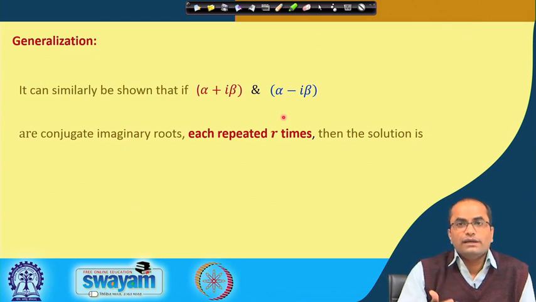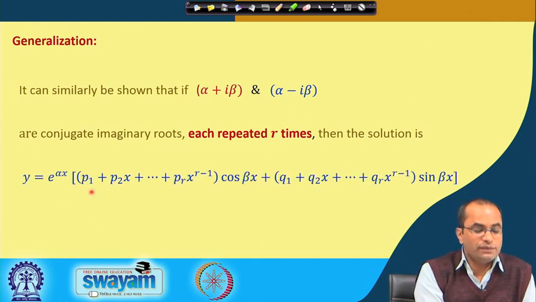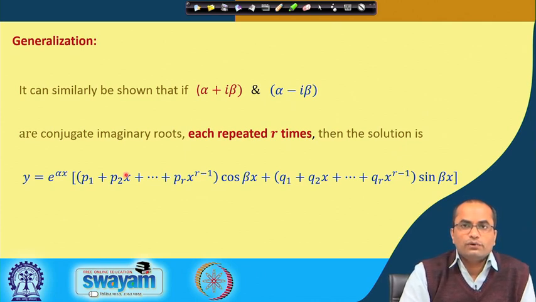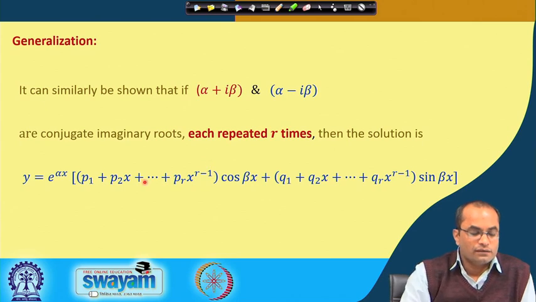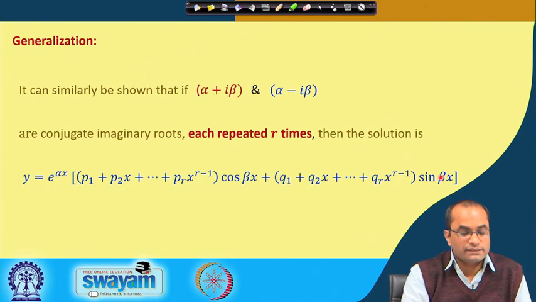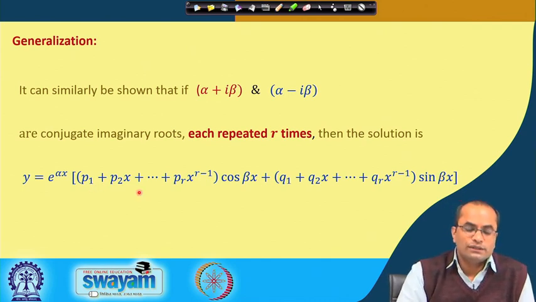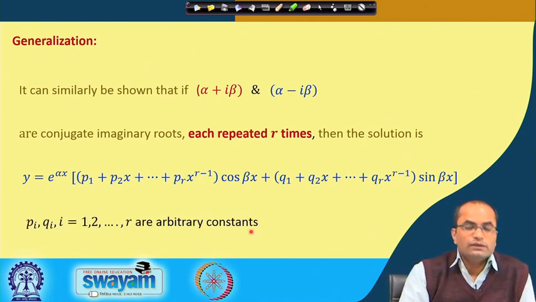Again the same idea that we discussed for the real roots will be applicable now. So, e power alpha x will be the common term here, only the constant terms now become polynomial terms: p 1 plus p 2 x plus up to p r x power r minus 1 with the cos beta x, and q 1 plus q 2 x plus up to q r x power r minus 1 with the sin beta x, and all these p's and q's are arbitrary constants now.